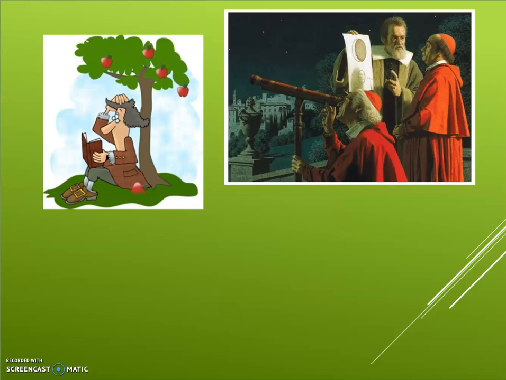And of course, his idea was, if moons could orbit Jupiter, if Jupiter was an object that had things going around it, not everything had to go around the Earth. So if the moons of Jupiter didn't have to go around the Earth, why did anything have to go around the Earth? So that was another little theory of why the Earth didn't have to be the middle of every orbit in existence. And of course, he got into a lot of trouble for these ideas, but it eventually came out better.